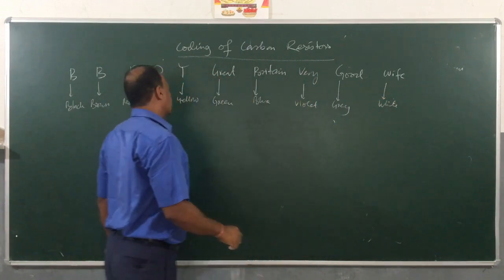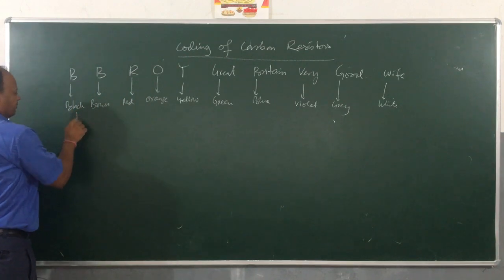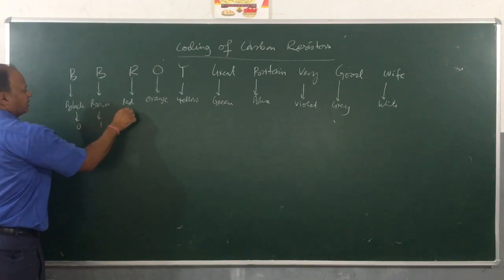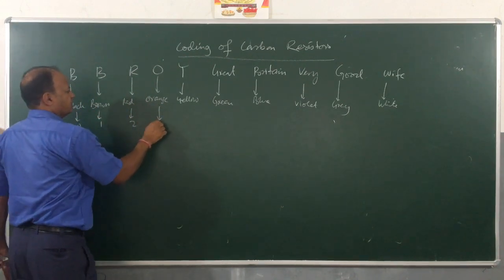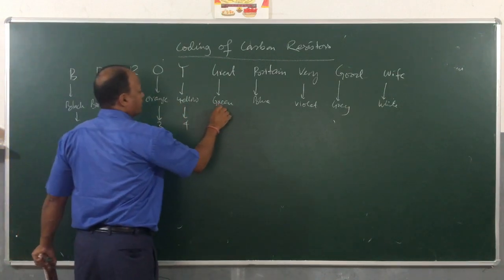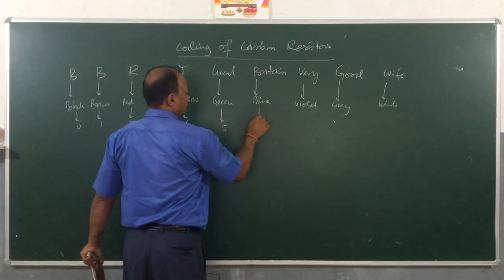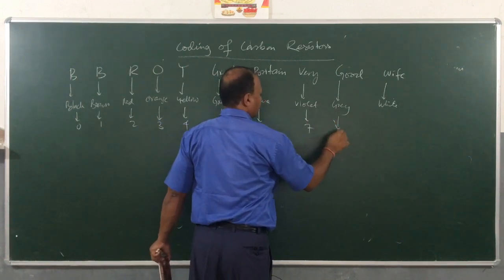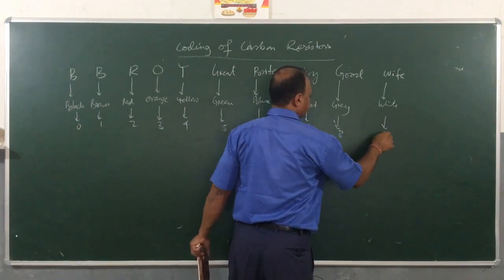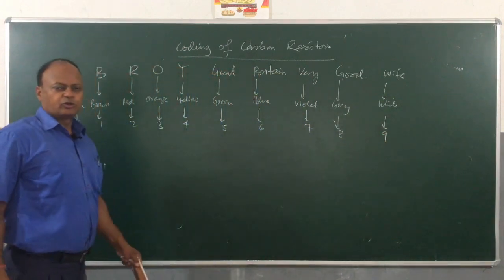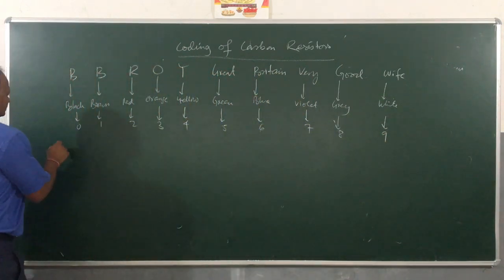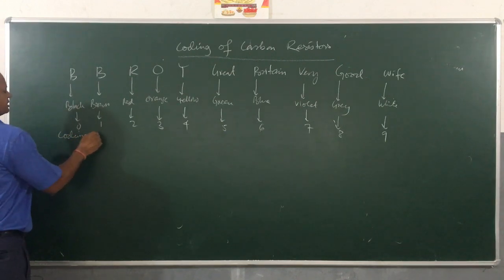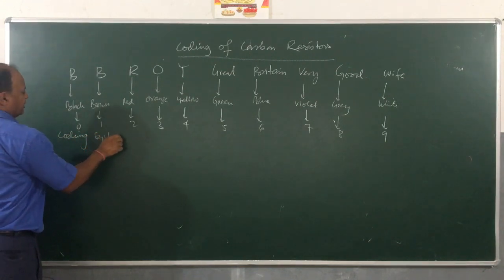And the significant figures corresponding to them: black is 0, then 1, 2, 3, 4, 5, 6, 7, 8, 9. Okay, so this is the coding system for carbon resistors.